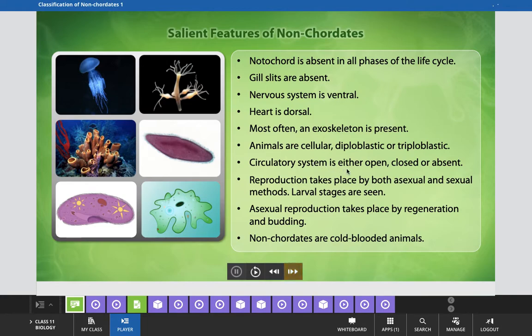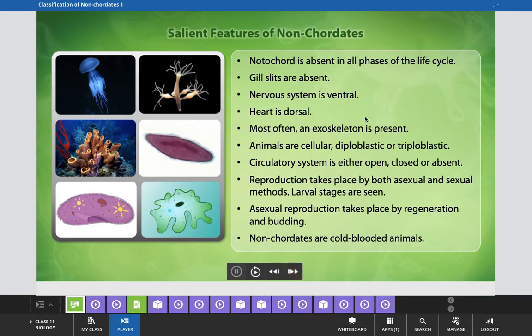Circulatory system is either open, closed, or absent. Reproduction takes place by both asexual and sexual methods. Larval stages are seen. Asexual reproduction takes place by regeneration and budding, and non-chordates are all cold-blooded animals. These are the basic characteristic features of all the non-chordates.